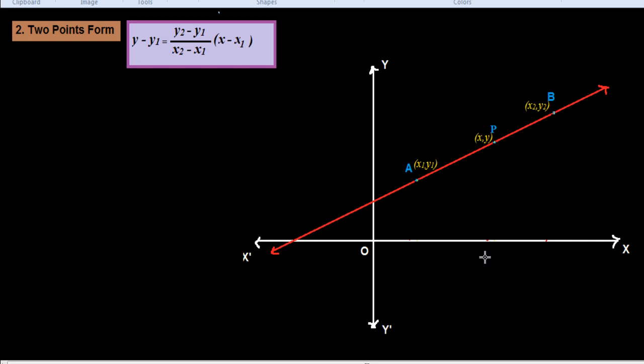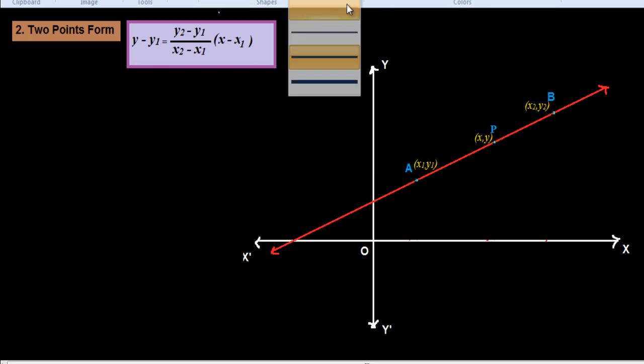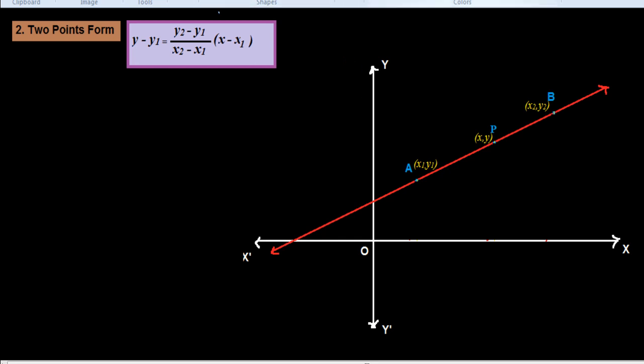What I will do first is draw the perpendicular from A to the x-axis. This one is our first perpendicular.